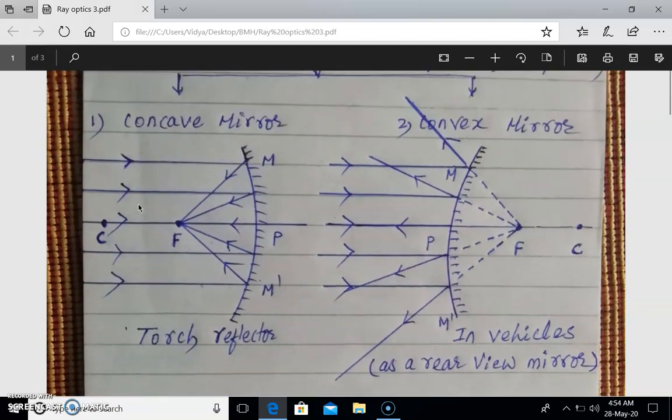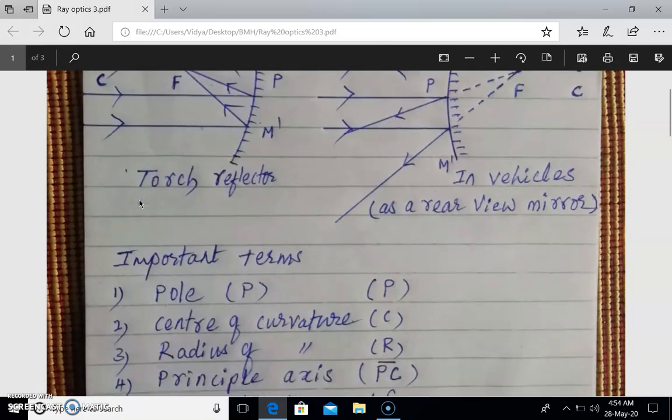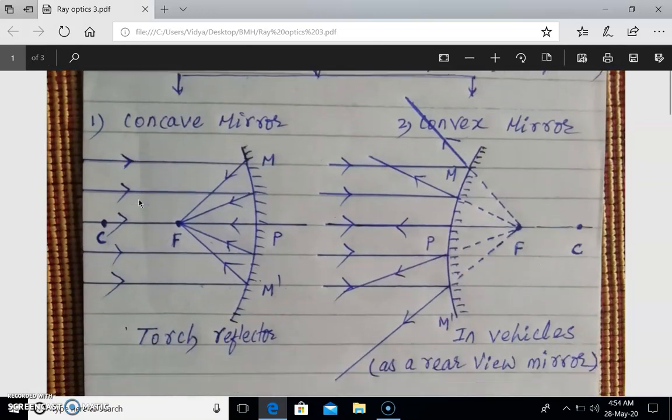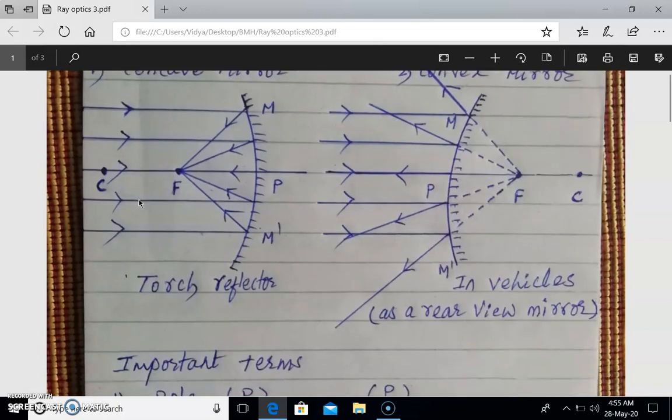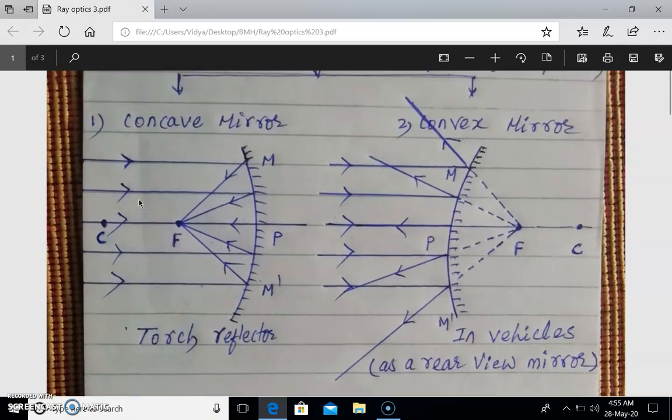Then comes aperture. Aperture is the effective diameter of a given spherical mirror. It is the measure of the surface area available for reflection.